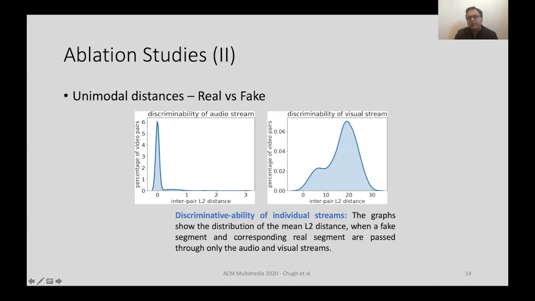In the case of the video stream, which is on the right, we see that the distribution is well spread. So essentially what this tells us is that in the case of this dataset, these are done on the DFDC dataset, the manipulation is done more in the visual stream, and it is relatively less in the audio stream.